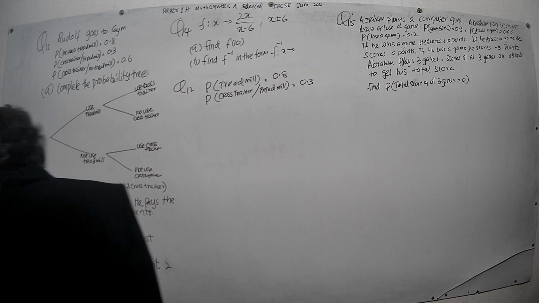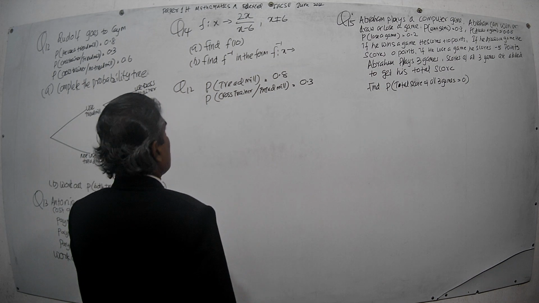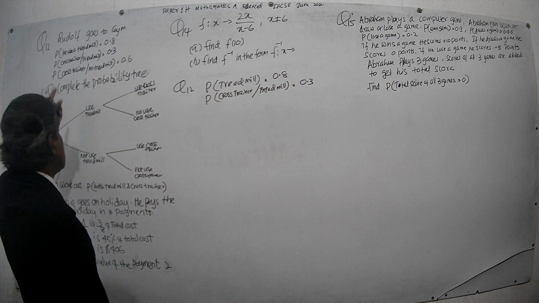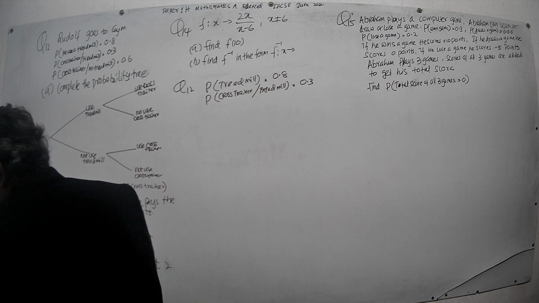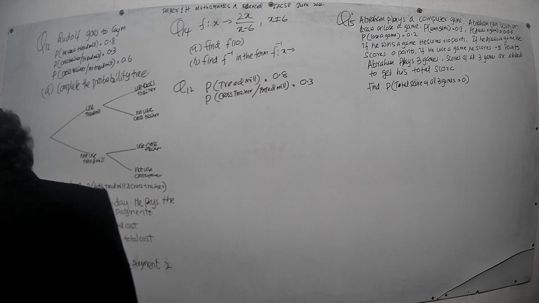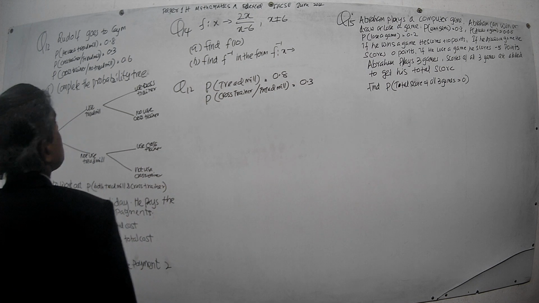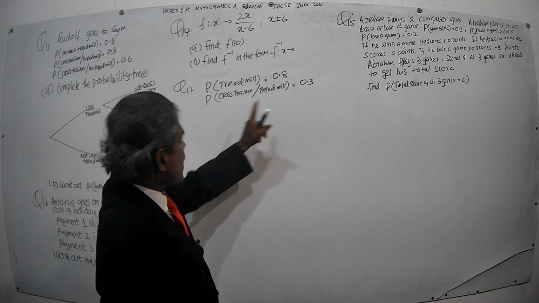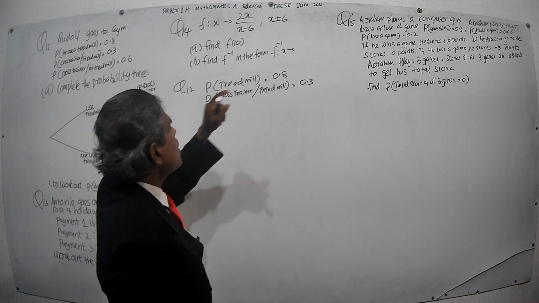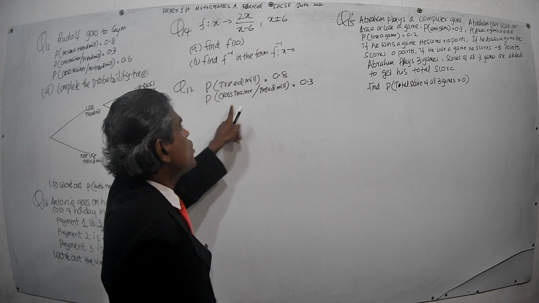I haven't written all the wordings, but I have put all the words into these probability notations. Now they say, when he uses a treadmill, the probability that he uses a cross trainer is 0.3.